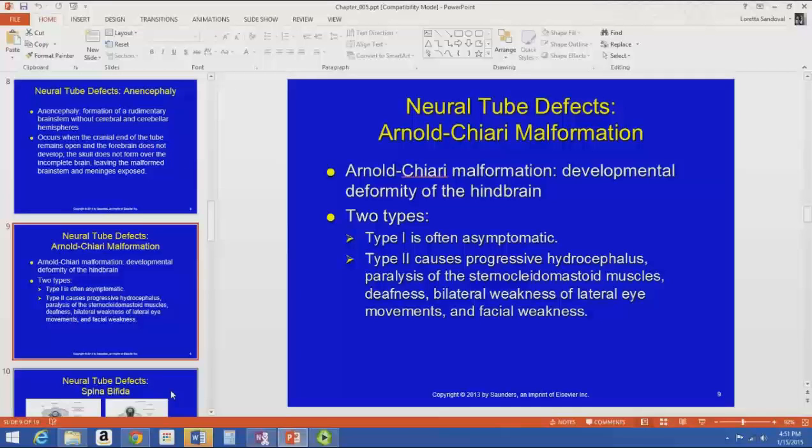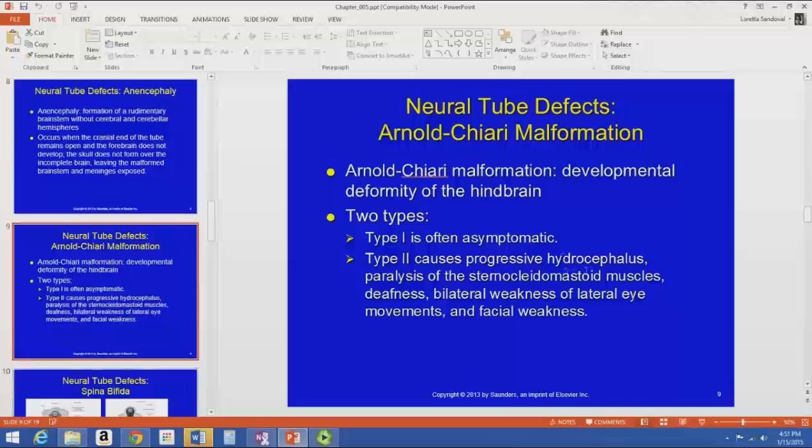The reason all of those things are affected is the brainstem is actually coming out below the foramen magnum of the skull. So the brainstem is exposed more than it normally is, and the cranial nerves come off the brainstem.